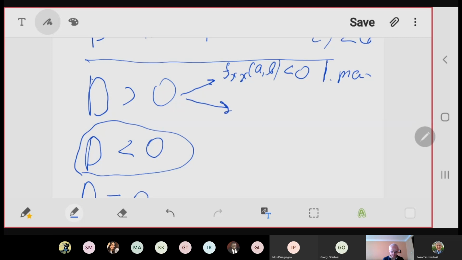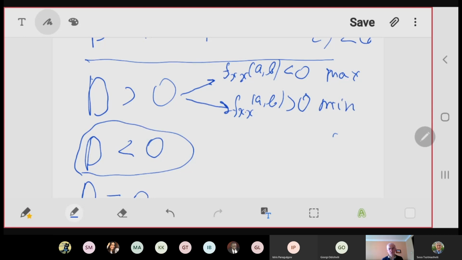If f_xx, or I can write shortly A, is positive, it means it's a local minimum. Just a minute, I have not enough space here, so this is a local maximum, and this is a local minimum.